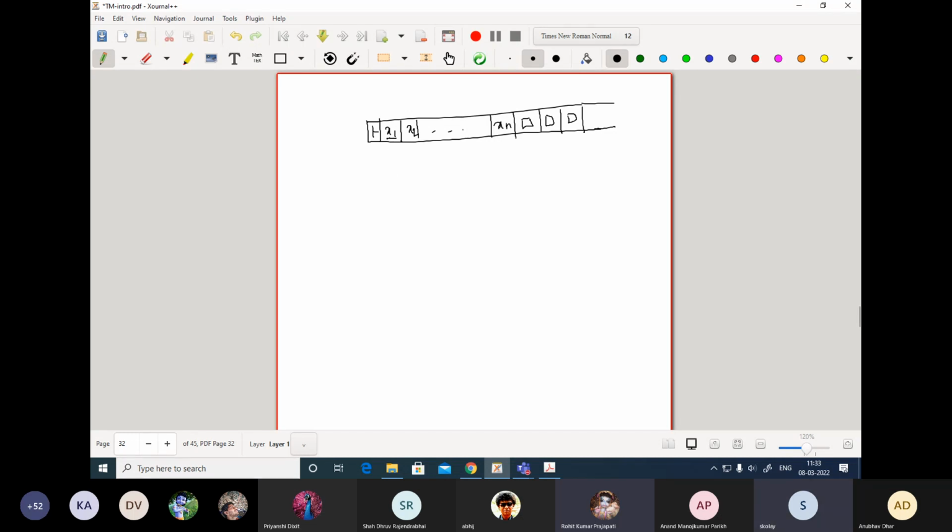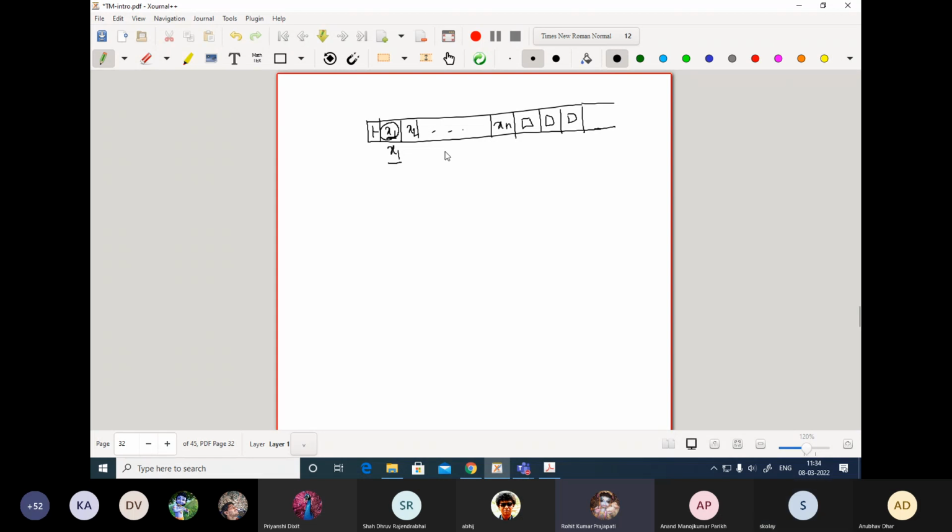So you look at the leftmost symbol after the left-hand marker that is unmarked. So to start off, x1 is an unmarked symbol. Now you remember this x1, mark x1, meaning that I am replacing this symbol x1 by a symbol from gamma, let's say x1 underline.